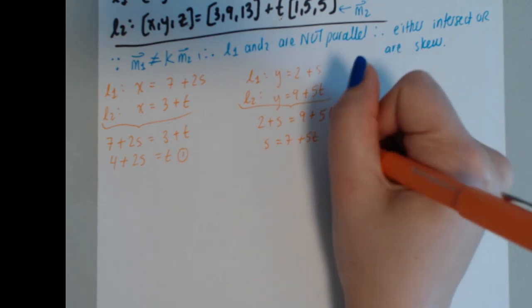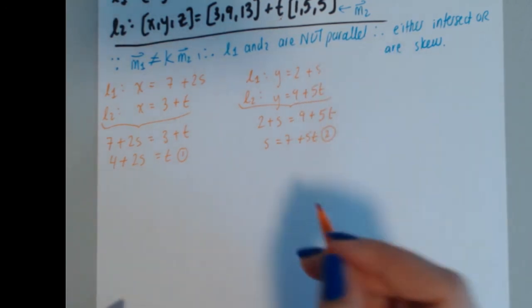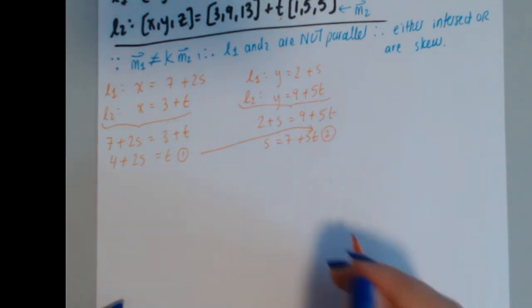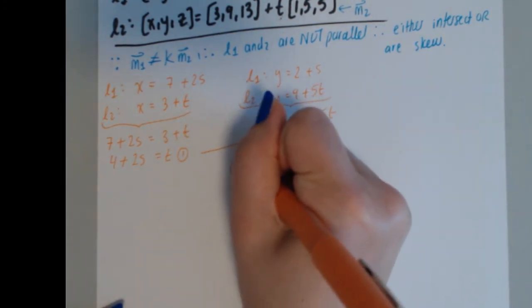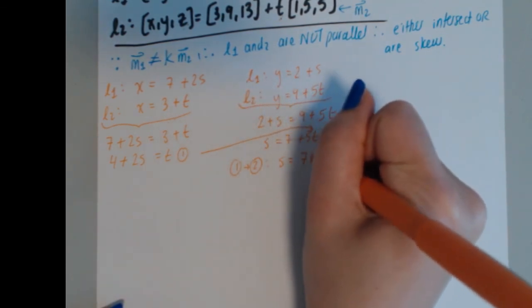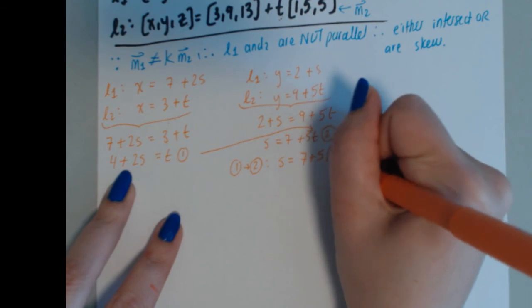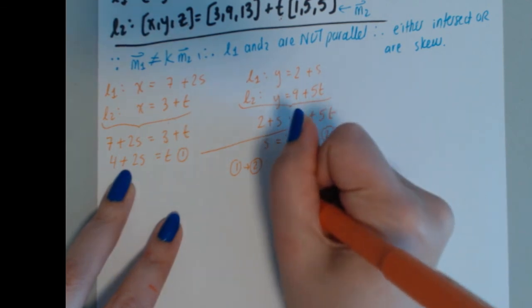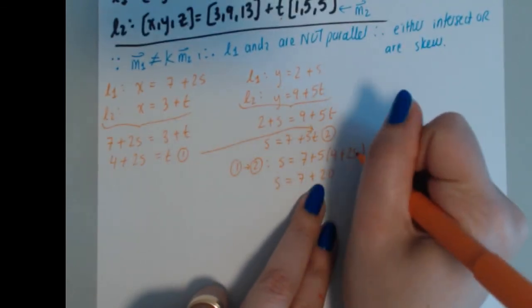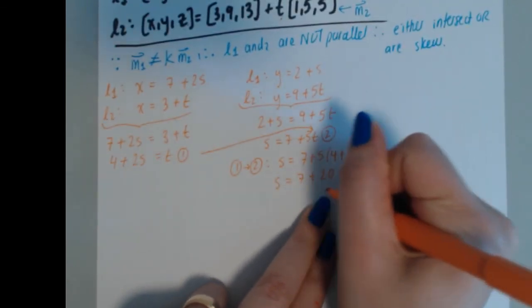Why don't we call that equation 2. And I'm going to take 1 and plug it in for t. So 1 into 2. I'm going to have s = 7 + 5t, and t is 4 + 2s. So s = 7 + 5 times 4 is 20, 5 times 2 is 10.